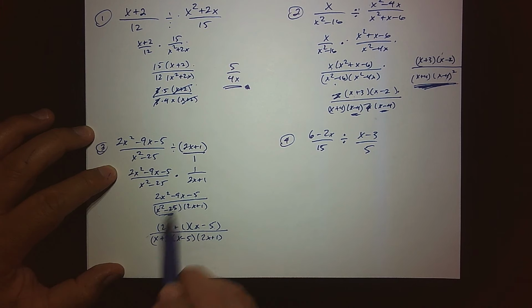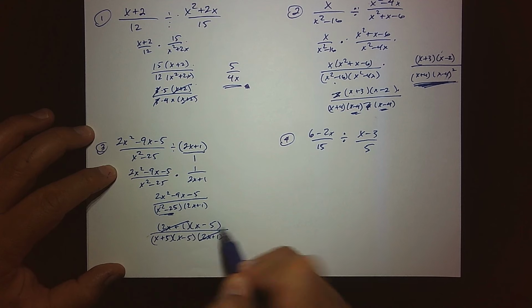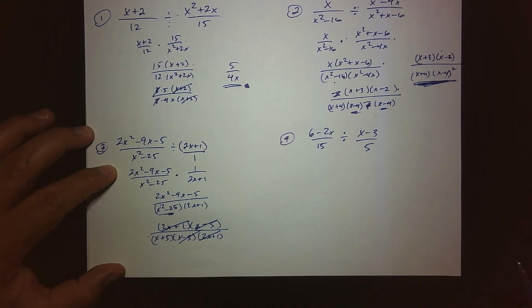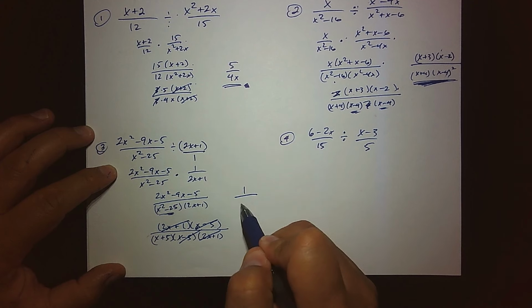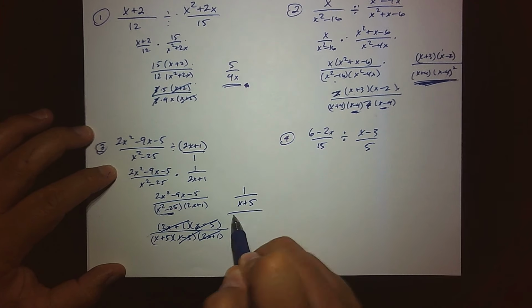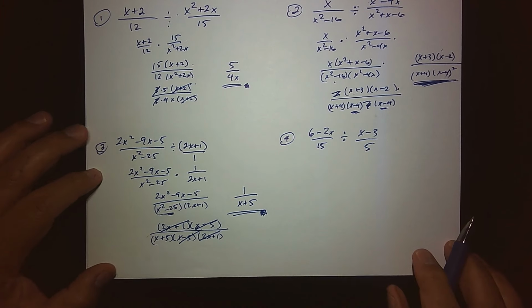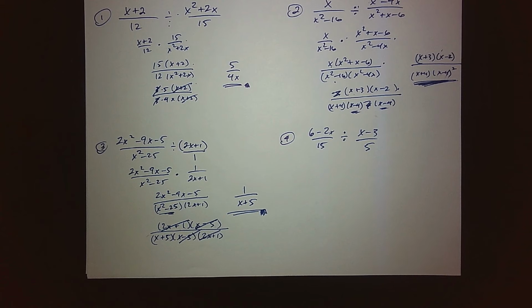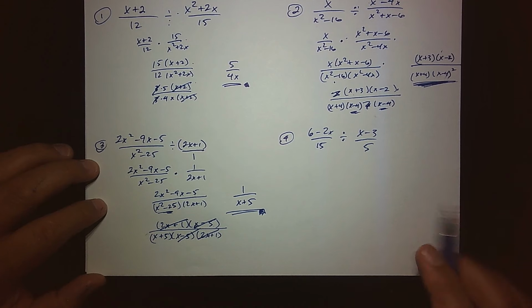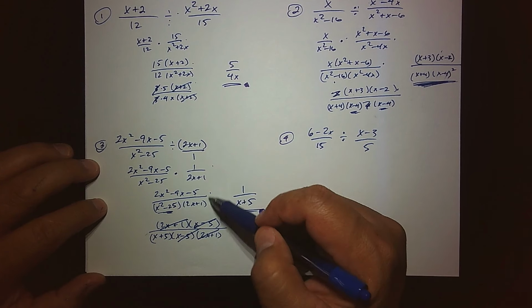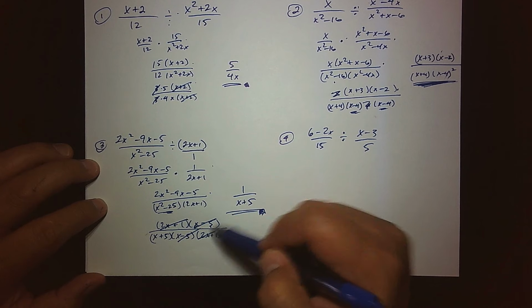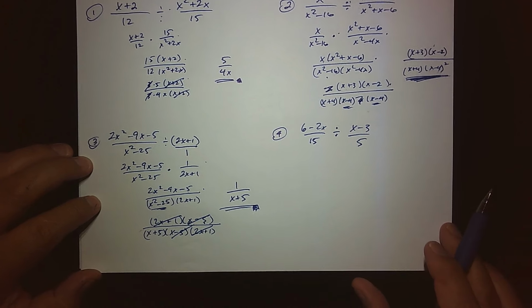Positive x, negative 10x gives us the negative 9x. So we got it. So everything's nice and factored. We're looking around for common factors. So 2x plus 1 is common. X minus 5 is common. And so we're left with 1 in the numerator. And we still have x plus 5 in the denominator. So we're all done. So again, multiply by reciprocal. Factor, factor, factor. Divide out common factors. Leave it alone. So we're all solid.